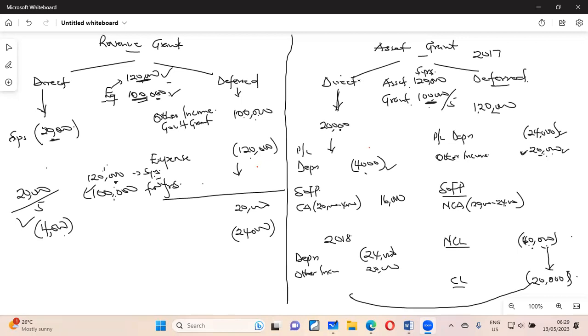I put the bracket there to show you that, if I see NCL, it is non-current liability. But this one is a grant that you have received, and we defer it, so you are releasing it every year.